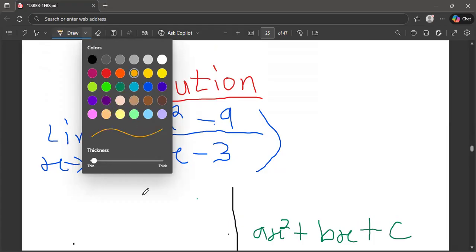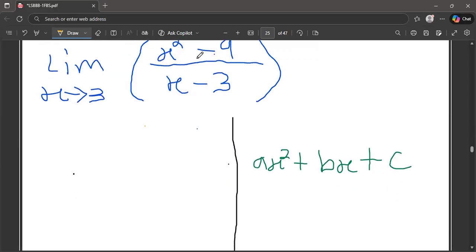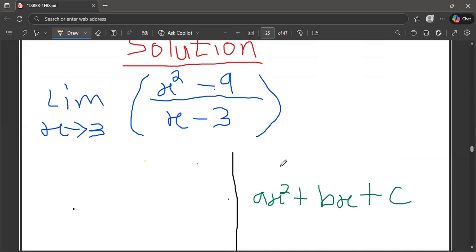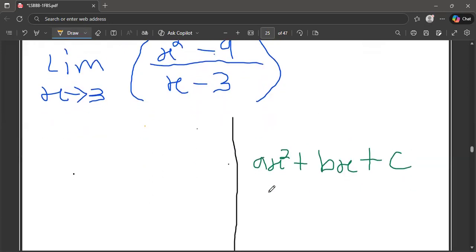Quadratic factor. Yes. So this x squared minus 9 is the same as x squared minus 0x minus 9. Any number times 0 is still 0.